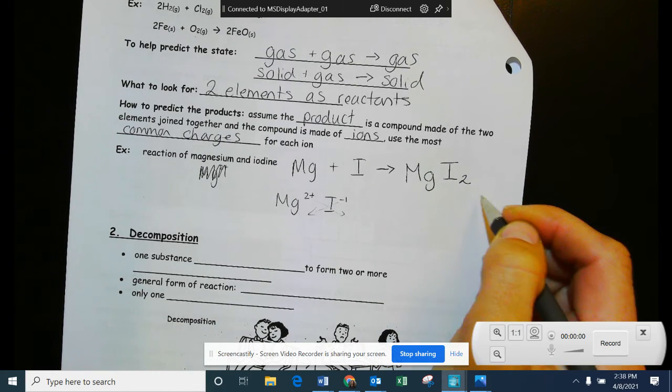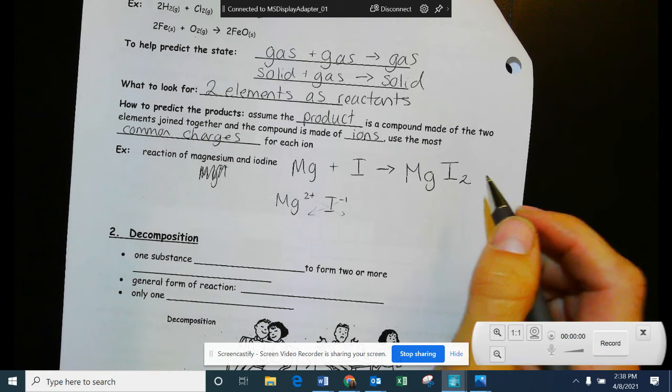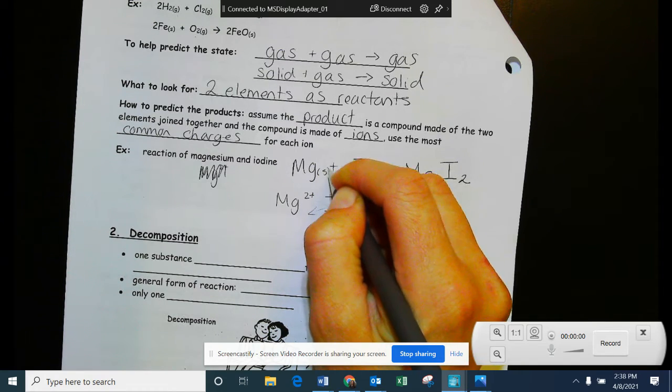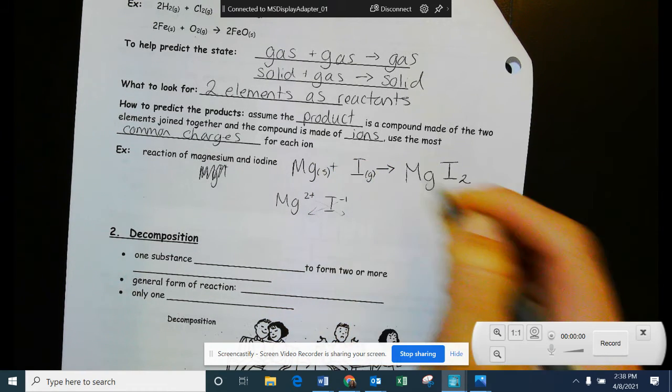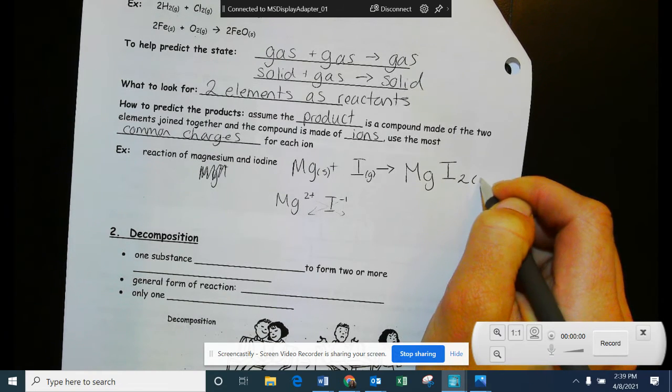So MgI2. And I did not give you the state of these, but we're going to call magnesium a solid and iodine a gas. So what would my product be? Solid or gas? Solid. Yeah. Awesome.